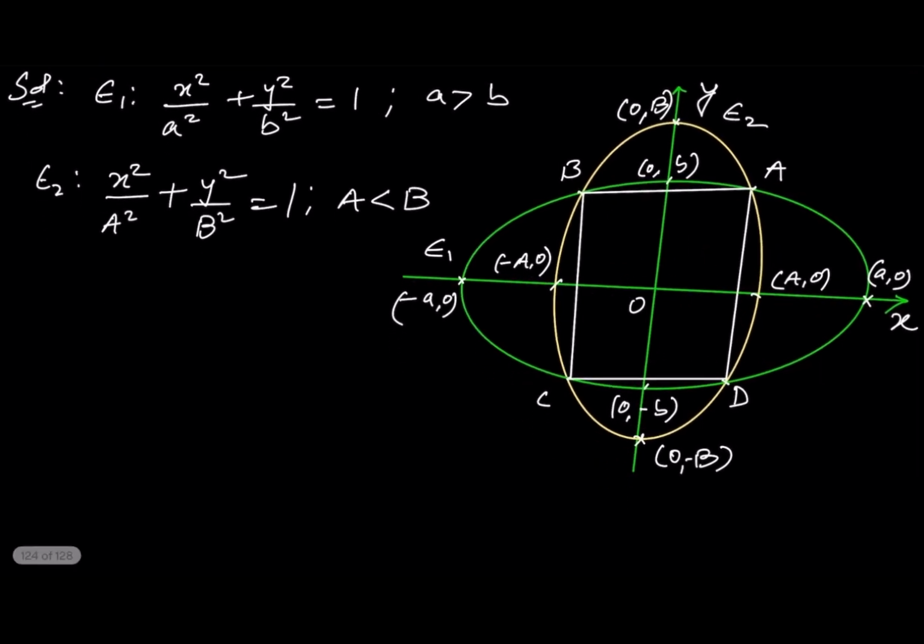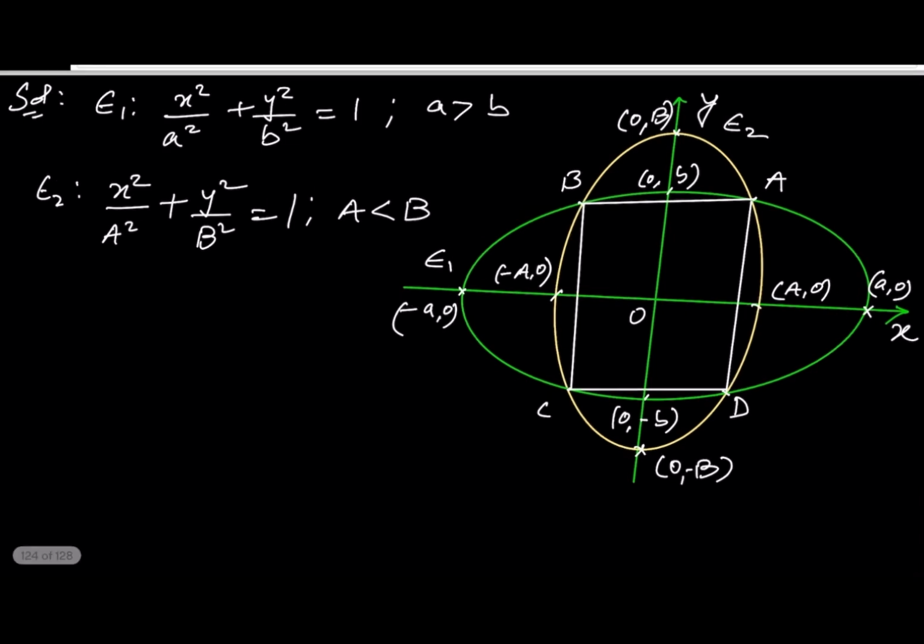So we can see that this is a rectangle, right? ABCD is a rectangle. Now the eccentricity for both ellipses is the same, which is 1 by root 3, right?